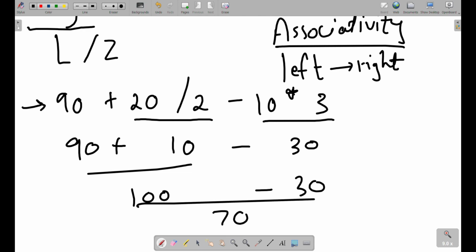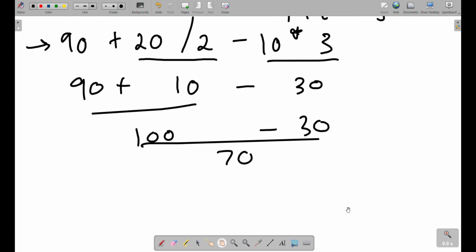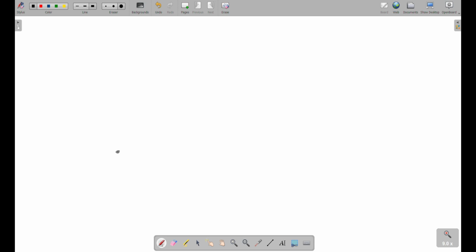So that's it. These are the general precedence and associativity rules for binary operators. But there is a slight problem for unary operators, that is, writing multiple unary operators in a single expression is kind of prohibited.